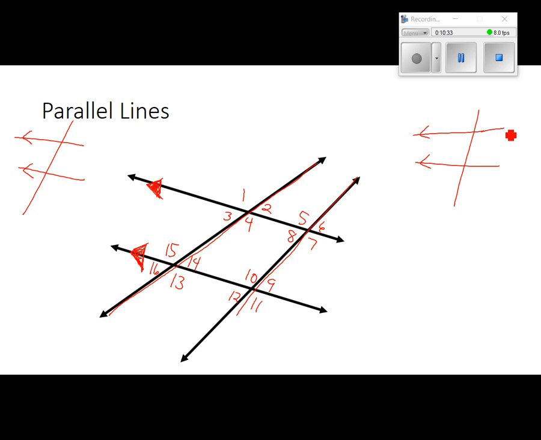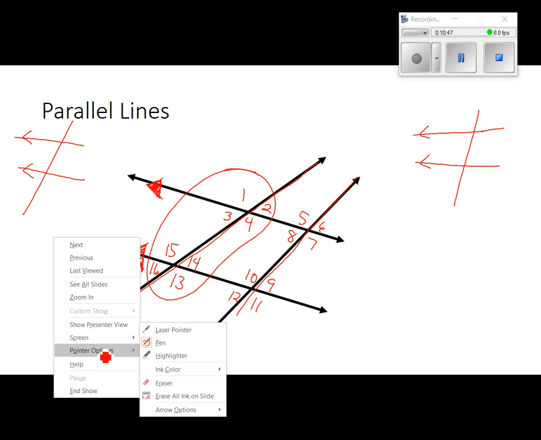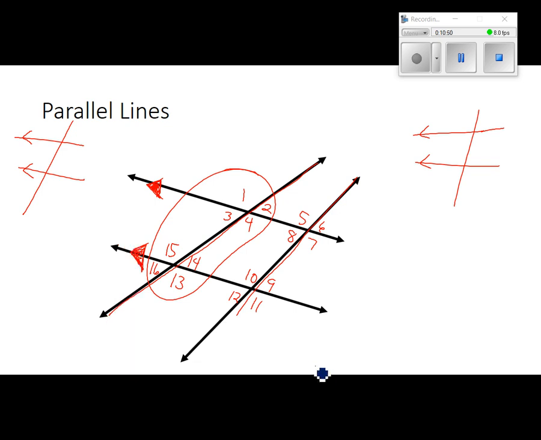So when we're looking at this, all those rules that we just talked about on the other one work for that set of numbers. And they work for that set of numbers.